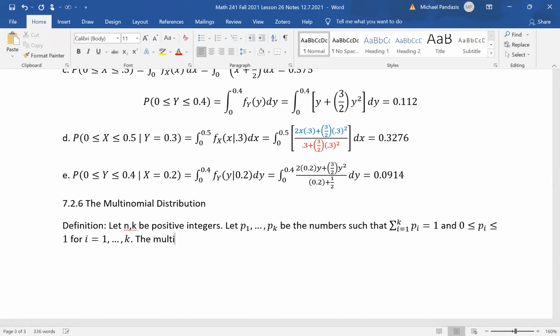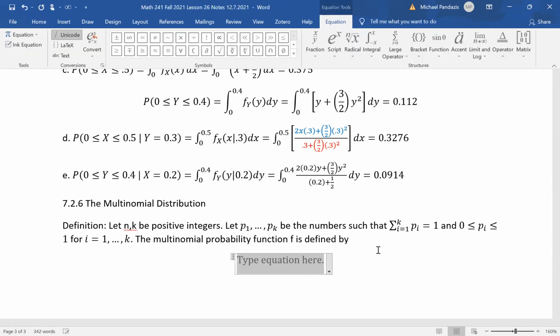So the multinomial probability function, little f, is defined by the following.